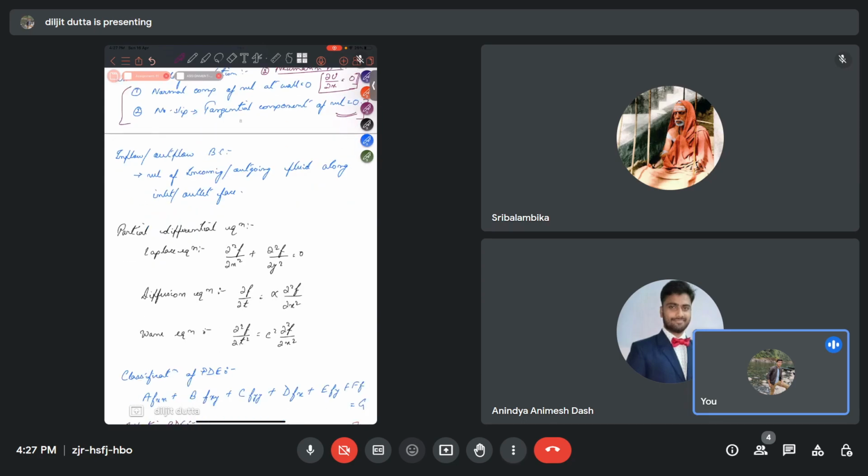And second, we have the inflow outflow boundary condition. So we'll give the values of incoming or outgoing fluid along the inlet or outlet face. Suppose we want to get the velocities in only a part of a channel, and suppose there is a constriction here. We want to solve the fluid flow equations in this region.